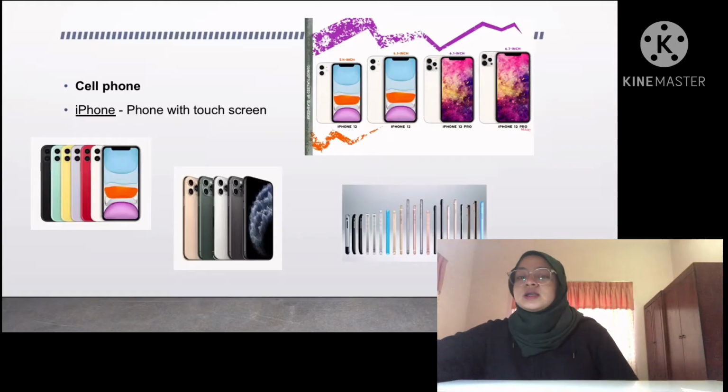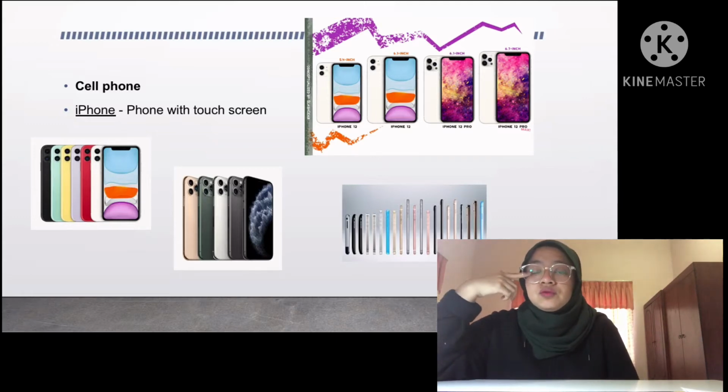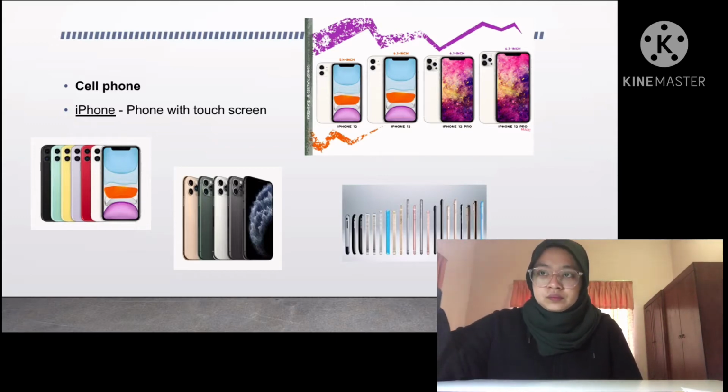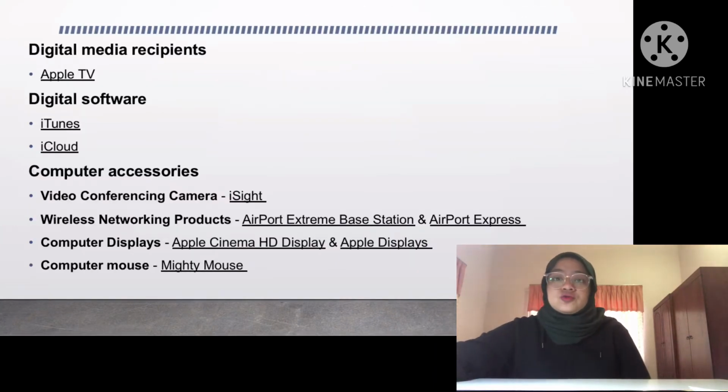Next, the product that they sell is cell phone, which everyone knows, which is iPhone, that have the phone with the touch screens. So here's some of the product, which is, as you can see, the new products, the new iPhone, which is iPhone 12, then iPhone 11 and iPhone 11 Pro Max. As for other products, they also sell digital media recipients, which is Apple TV.